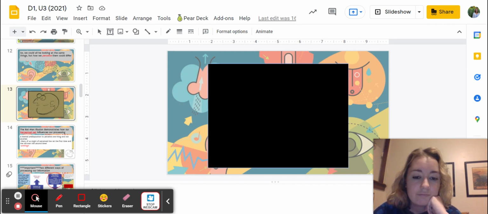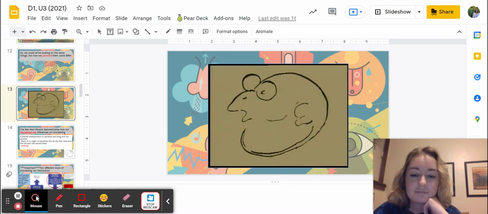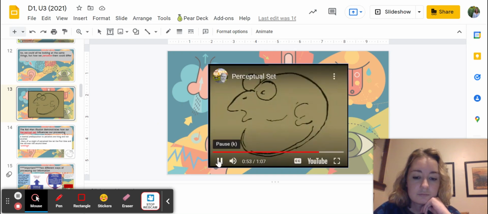Now, how about this one? In a number of studies, it was found that the first series of drawings of animals led most subjects to identify this image as a rat. But when other subjects saw the drawings of people, they tended to identify this drawing as an old man with glasses.